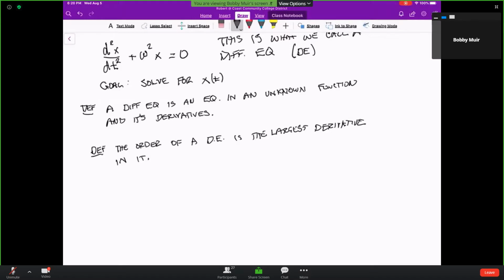Now, for reasons that will become a little bit more clear when you get into Math 285, and I could even do it here in Math 185, we focus on solving first and second order only. The reason for this is because eventually we're going to be solving systems of differential equations.